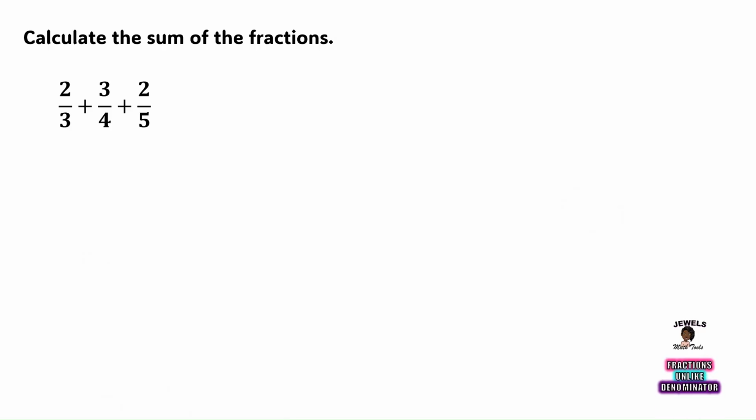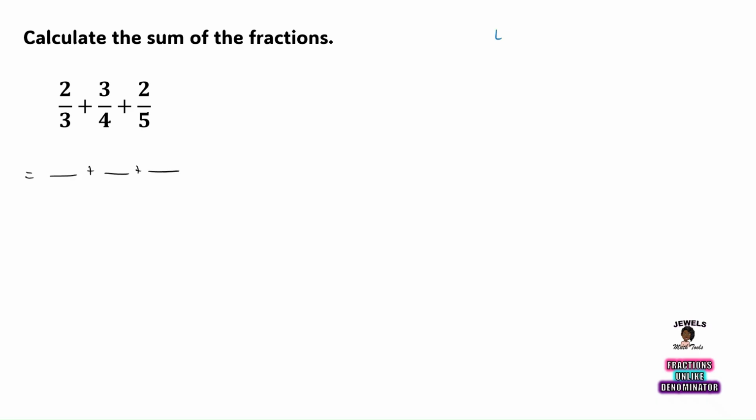So in our session today, we are going to be calculating the sum of our fractions using our LCD method. To find our LCD, the first thing we need to do is identify the numbers that are in our denominator.